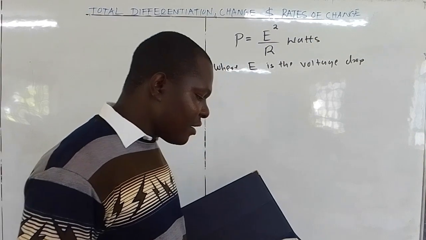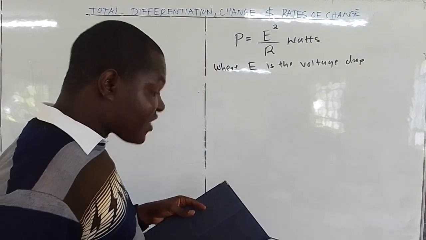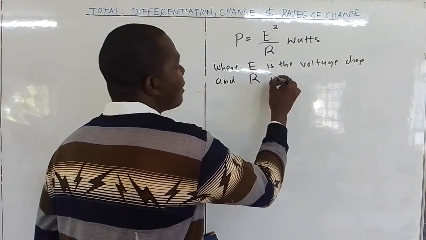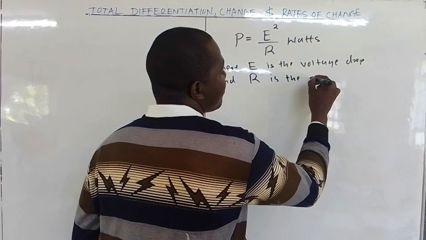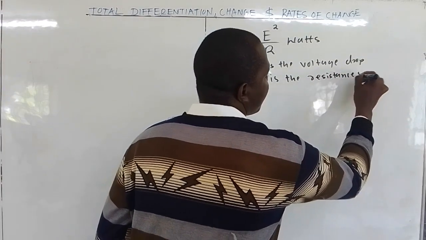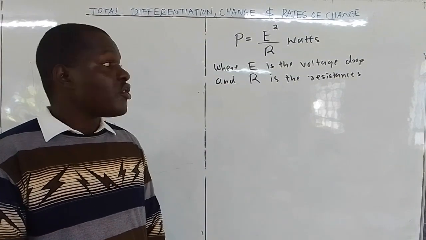And R is the resistance of the resistor, and it is in ohms.